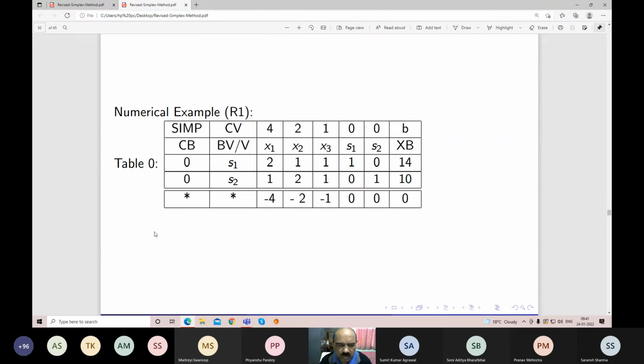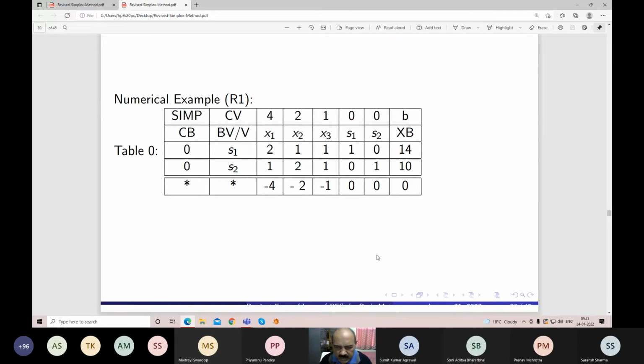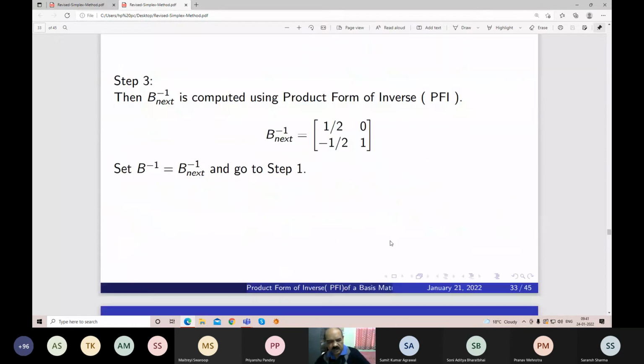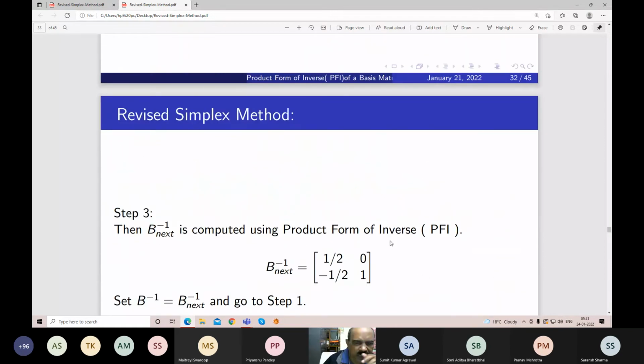For x1, x2 equal to 6 and 2, 6 into 4 is 24, 2 into 2 is 4, and 24 plus 4 is 28. So we have got the objective function value as 28.